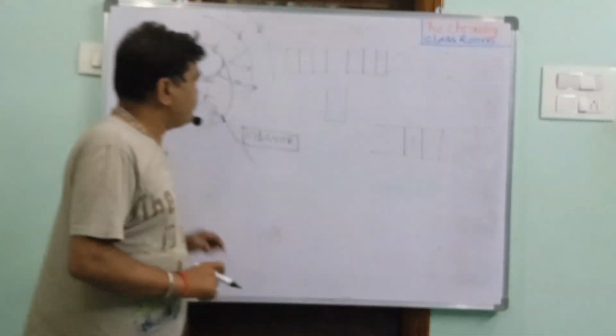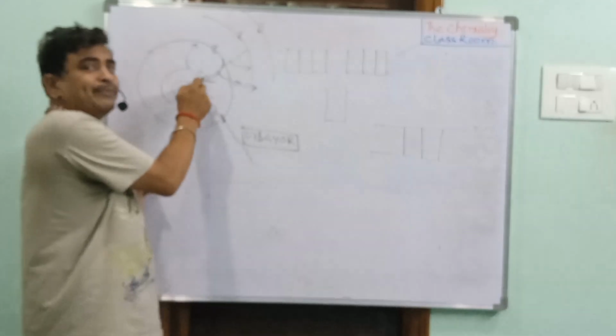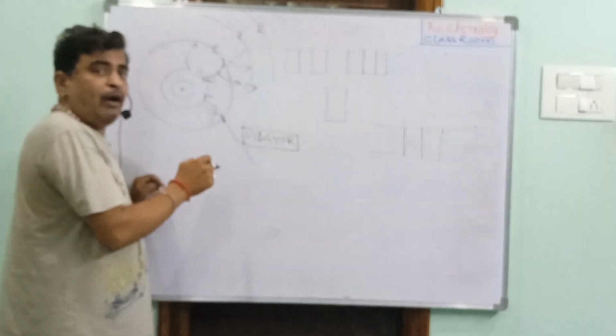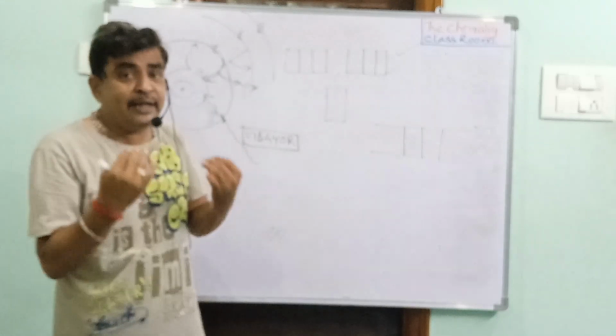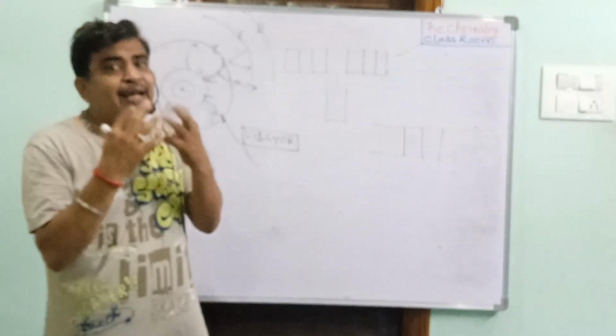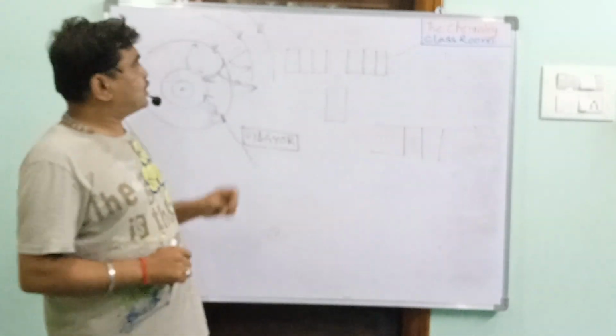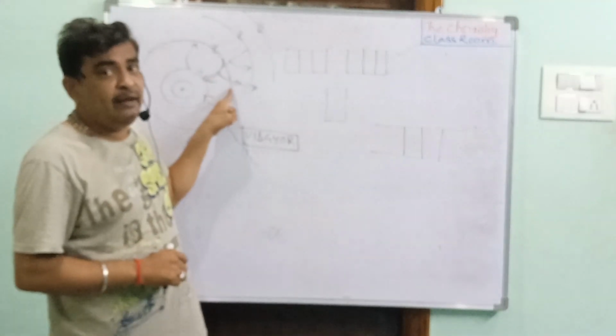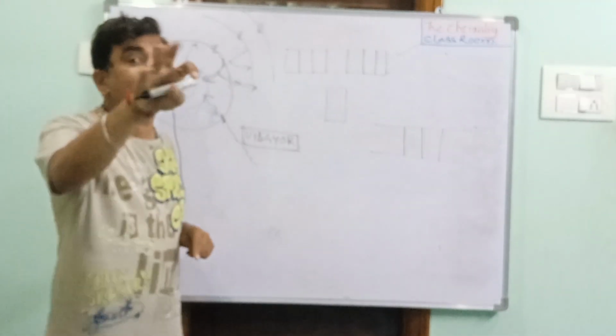What does it mean? When the electron absorbs the energy and is excited to the second orbit, it is always absorbing the same energy. So that means every orbit, every circle, has a particular energy.